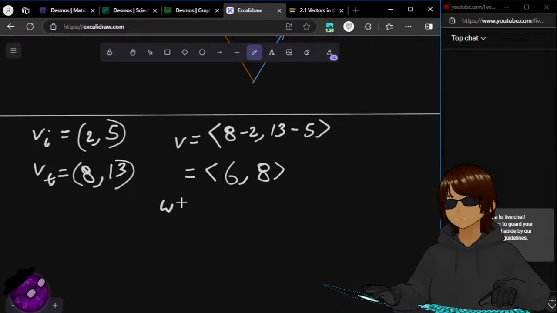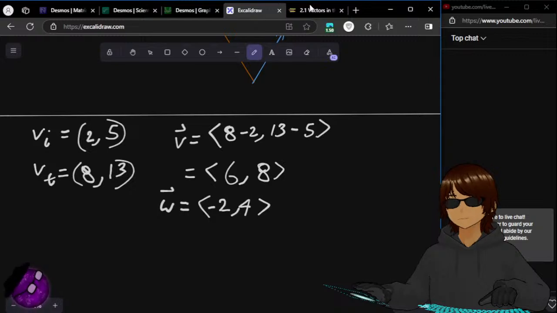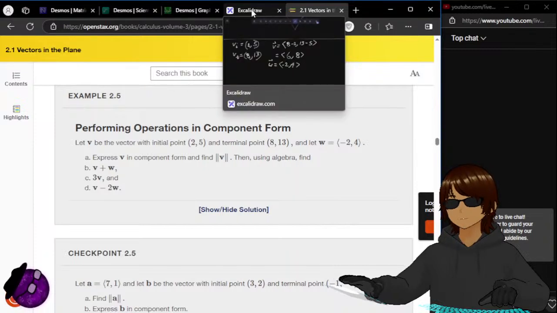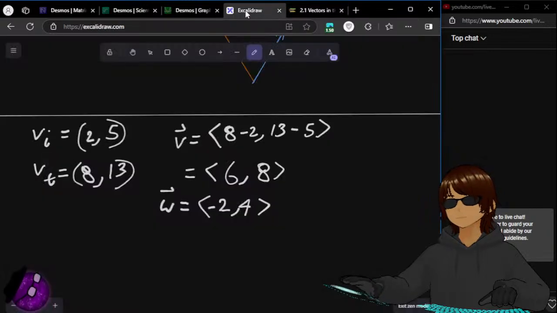And then w, I think it's better if I write it like that. w is <-2, 4>. Express v in component form and find the magnitude.